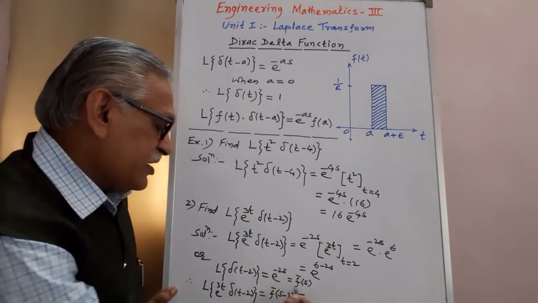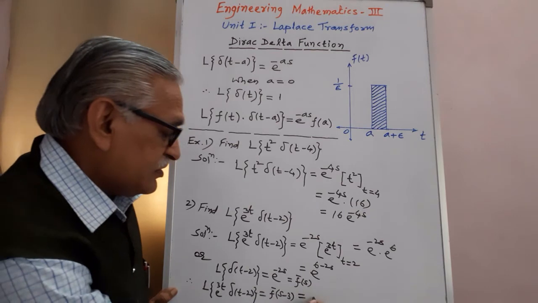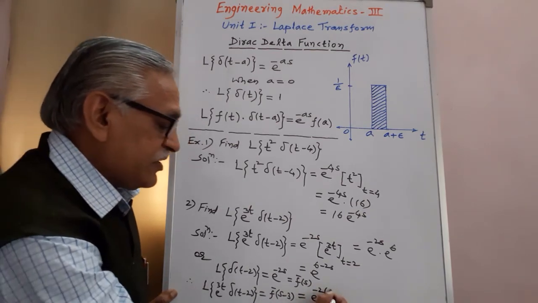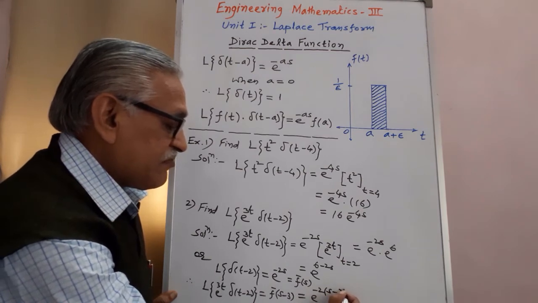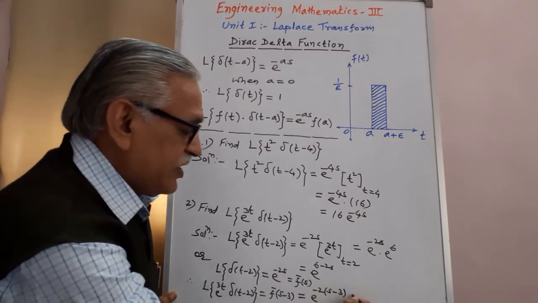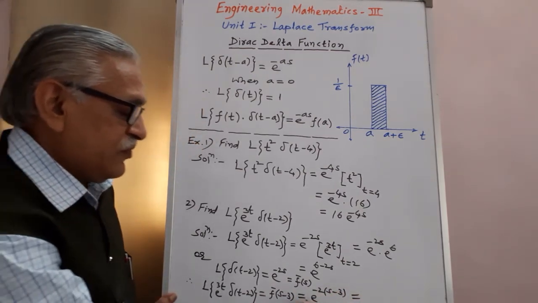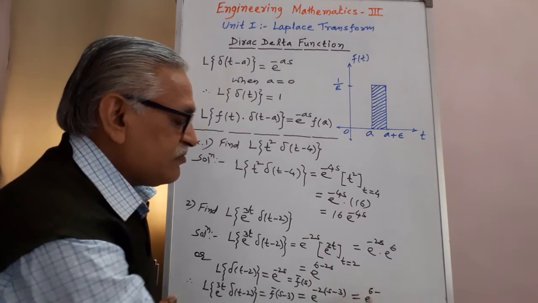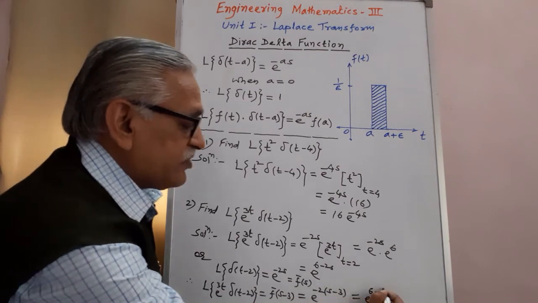Therefore it is equal to e raised to minus 2 times s minus 3, and if you simplify it, it is e raised to 6 minus 2s.